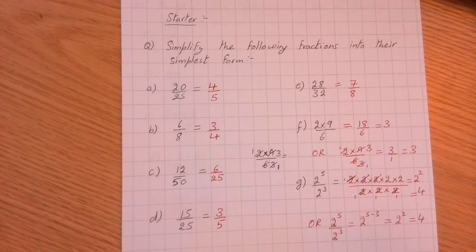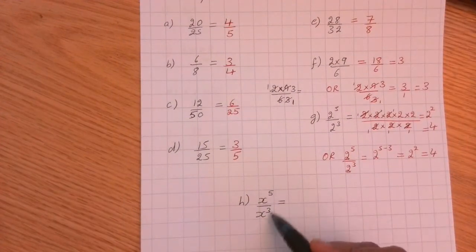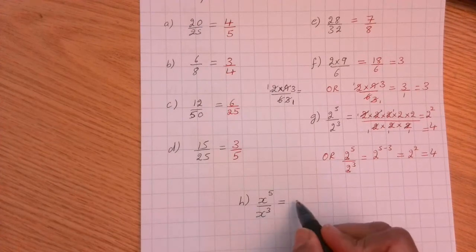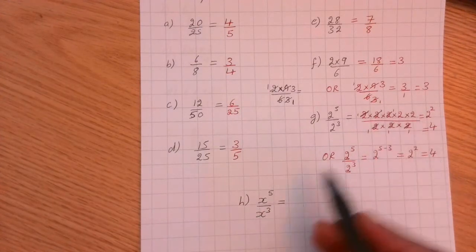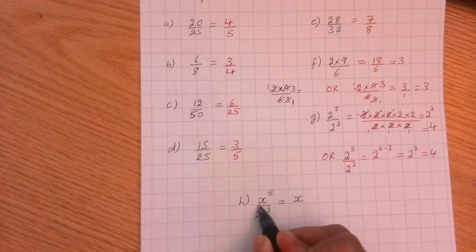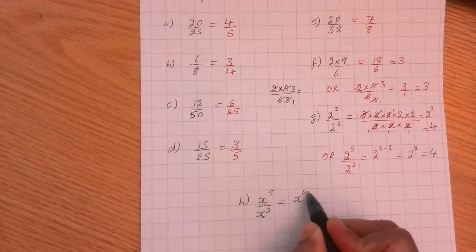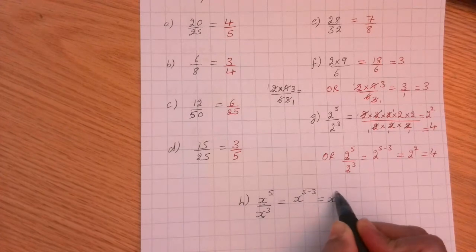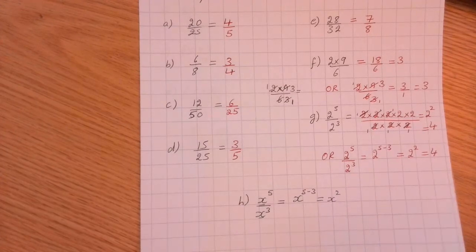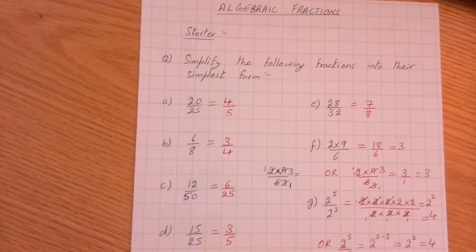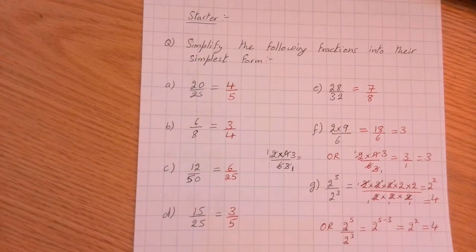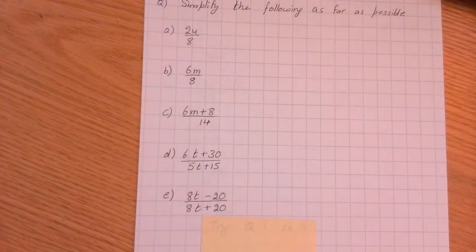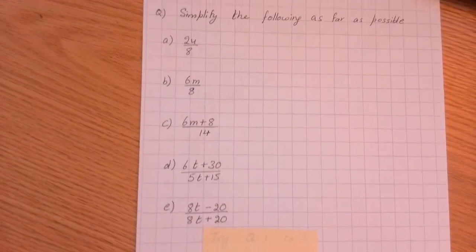And it is particularly useful when you're dealing with these kind of questions, because now I don't have to write this out in terms like this. All I have to do is, because the base is same, I just subtract the powers. You might use this skill at some point while simplifying algebraic fractions. Anyway, let's move on. Let's have a look at what we can do with these fractions.